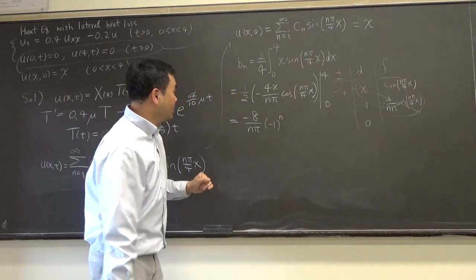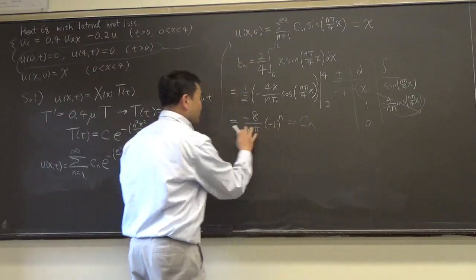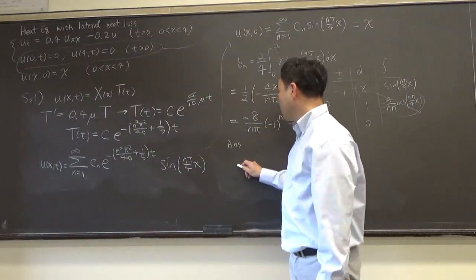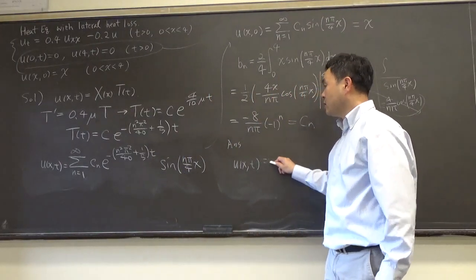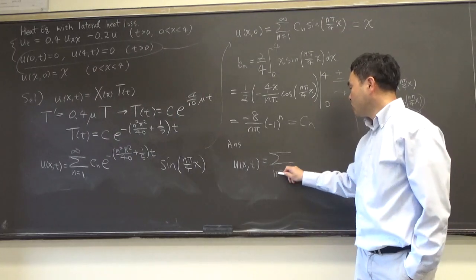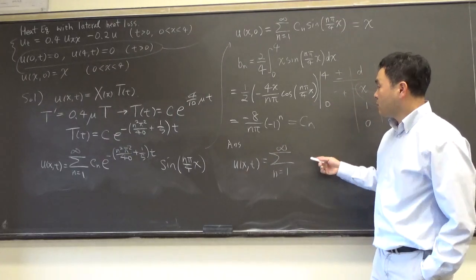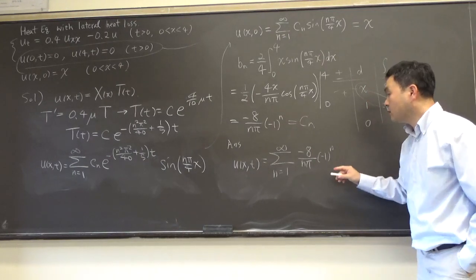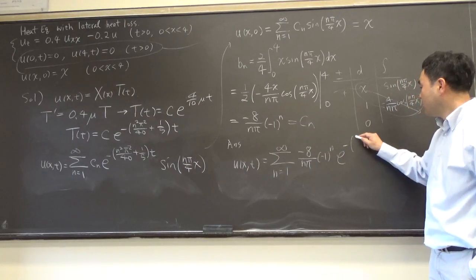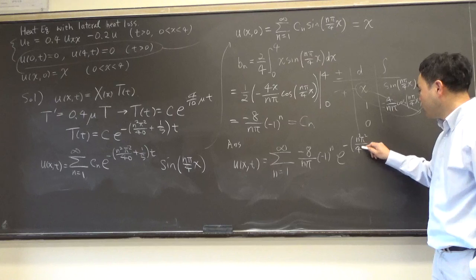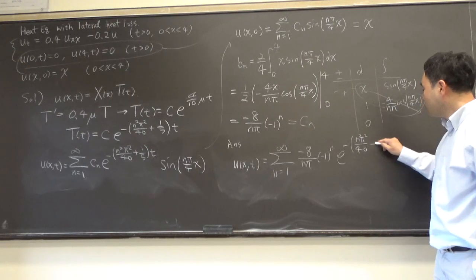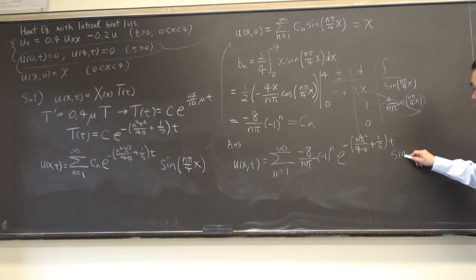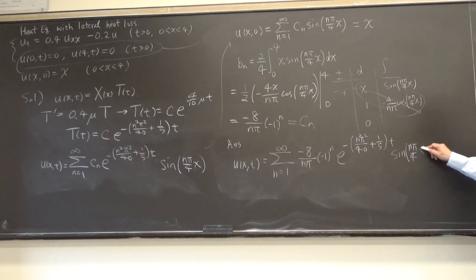So now we can say that this is indeed Cn, then plug this in to here, and now we have the final answer, which is u(x,t) equals the summation of n equals 1 through infinity of negative 8 over n pi, negative 1 to the nth power, e to the negative (n squared pi squared over 40 plus 1/5) times t, and then sine n pi over 4 x.